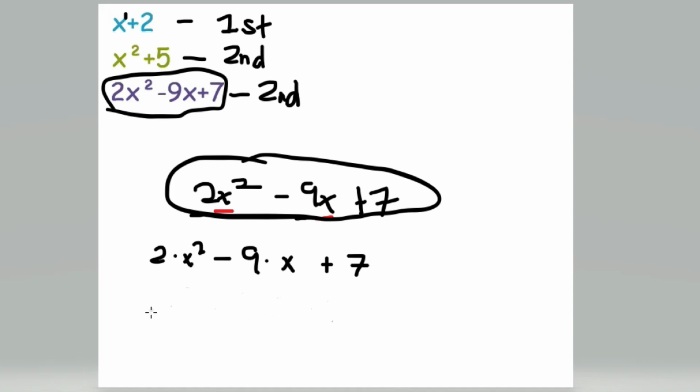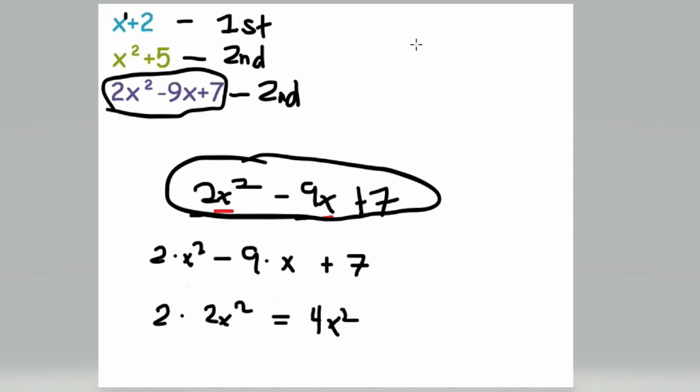For example, 2 times, imbis na x squared, nagkaroon ng 2x squared. So, since walang variable to, ang unahin natin is yung mga coefficients nila. So, 2 times 2 is 4. So, since ito lang coefficient, x squared.